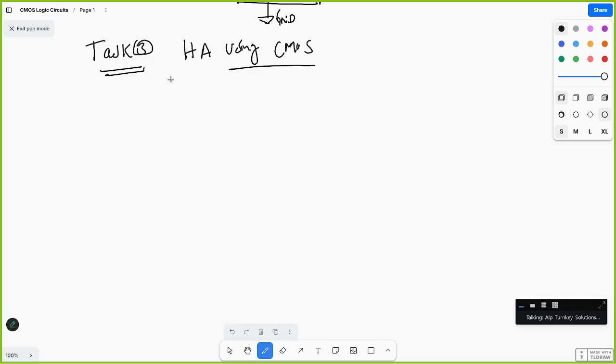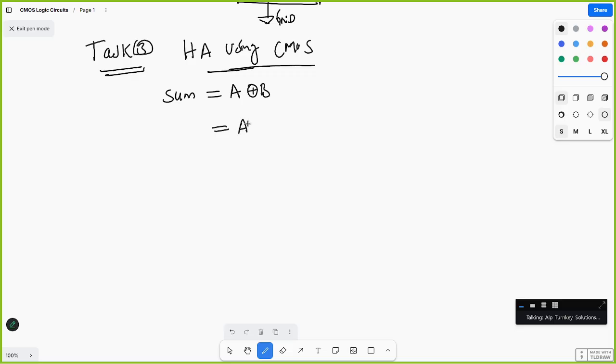Half adder means what? What is sum? For half adder we already discussed. Sum equal to A XOR B, no?